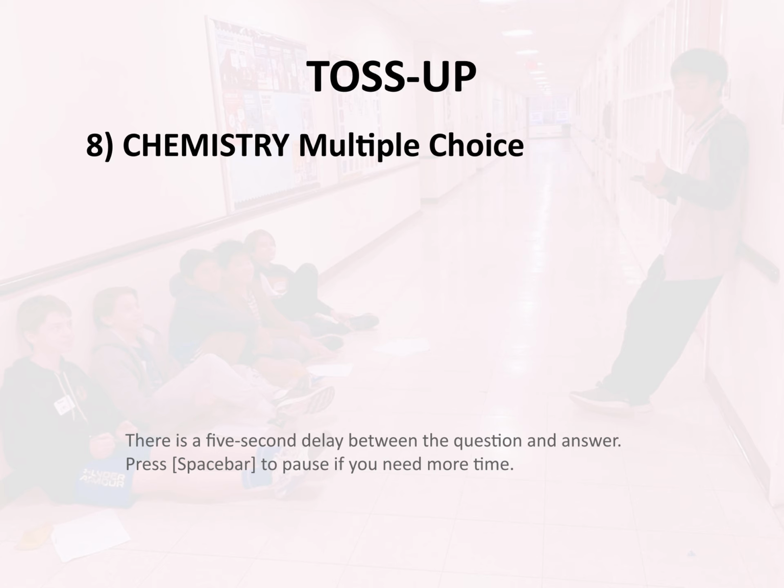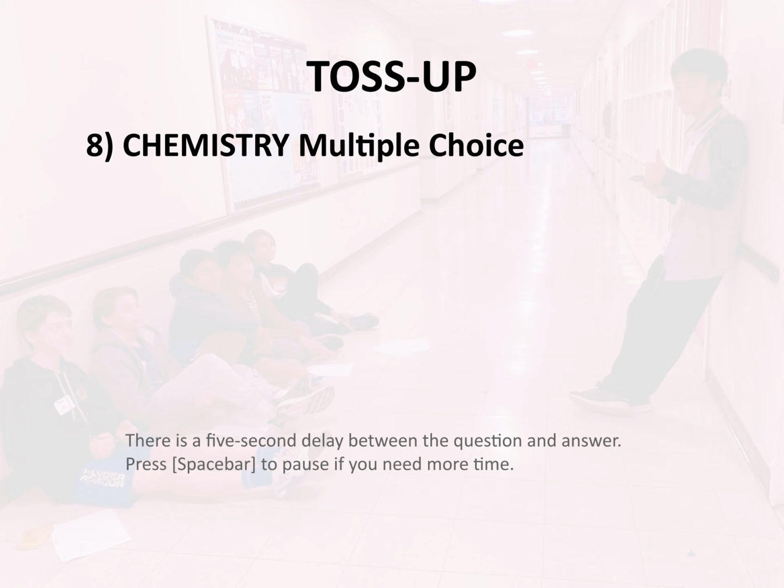Toss-up 8. Chemistry. Multiple choice. Which of the following is not true when writing electron configurations? W. Atomic orbitals can accommodate 2 electrons. X. Electrons pair in degenerate orbitals when possible.